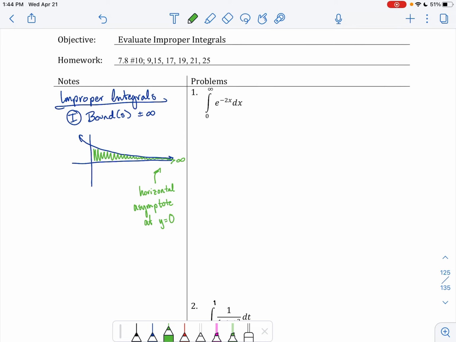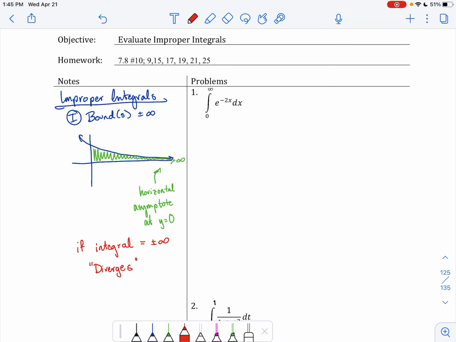You have to have that to be true. If you don't have this nice horizontal asymptote where the area under the curve is getting really, really small, it's just going to equal positive or negative infinity. So if the integral equals positive or negative infinity, we say that it diverges or is divergent.